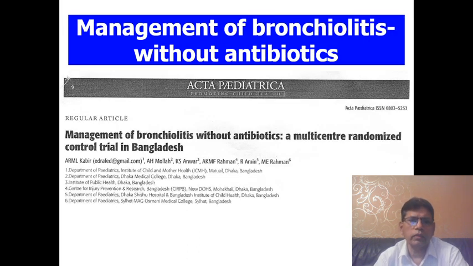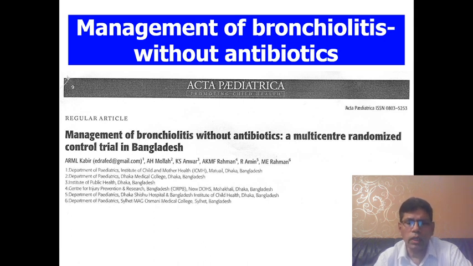In this regard, I would like to mention one study conducted by Bangladeshi doctors with the largest sample size, a randomized controlled trial, 300 samples in 3 arms. In one arm, there were 100 children. We gave an ampicillin antibiotic, parenteral.